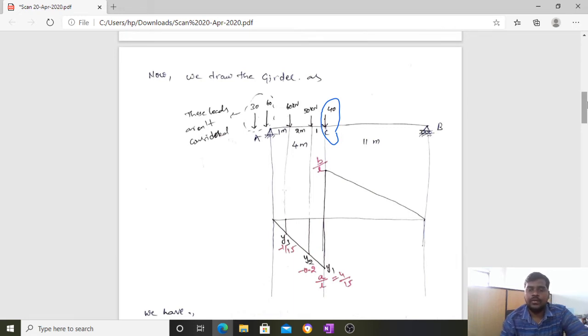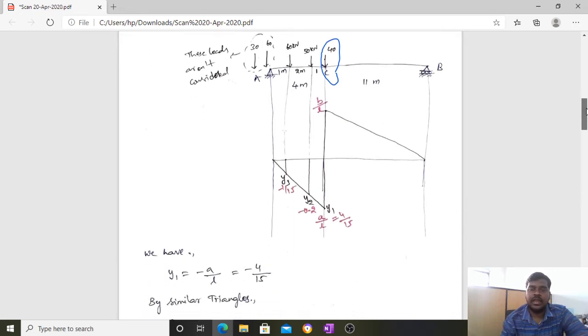So according to the influence line diagram for shear force, we know very well that at the point where we have to find the influence line, the shear force is considered there. It will be positive and negative, and we have to draw the shear influence line diagram in this fashion.